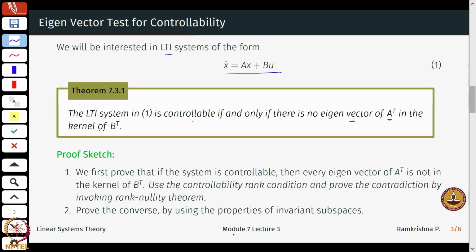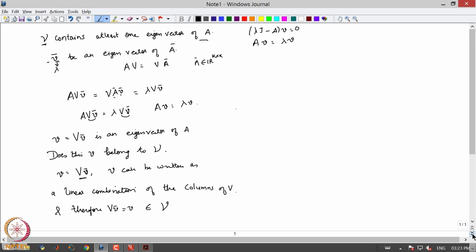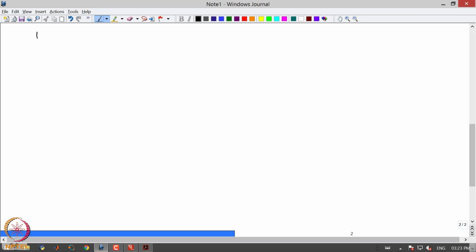Okay. So, let us start with the first step, the proof. The first step of the proof will be: assume the system is controllable. Okay.